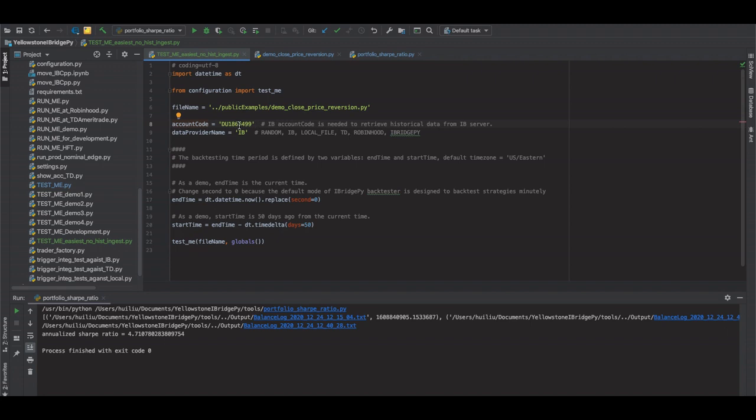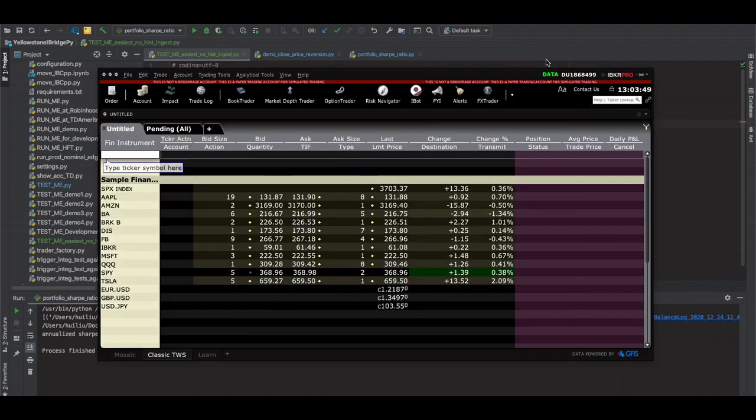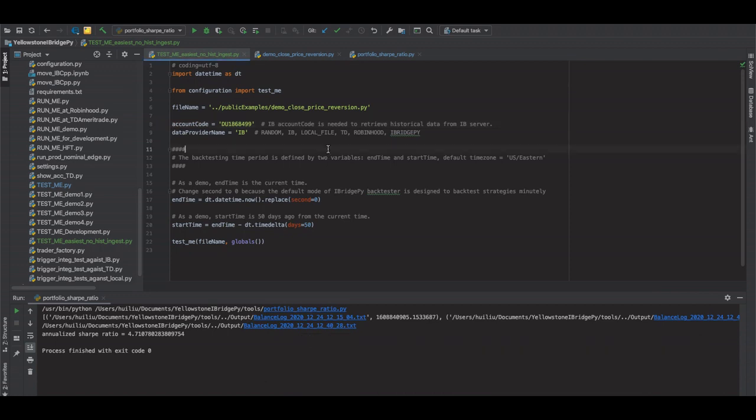This is not your IB login ID, but if you open IB TWS, it will be right there, in the upper right corner of your TWS. And to run this backtester, because IBridgePy will retrieve historical data from IB server, you need to turn on your IB TWS and get connected to their data server.